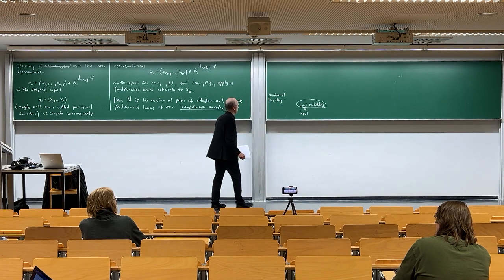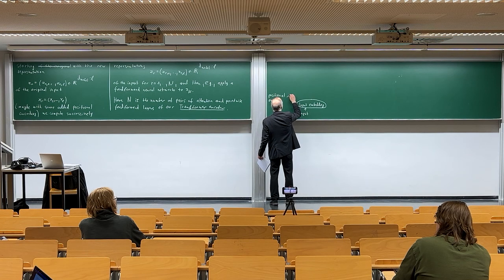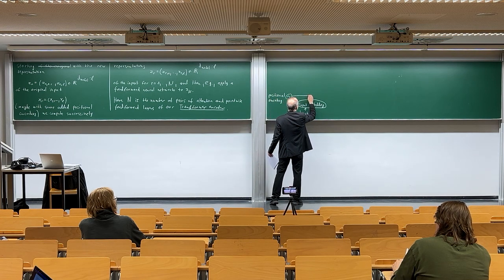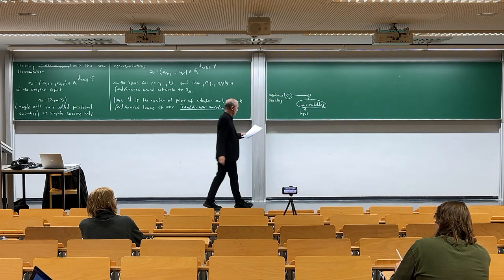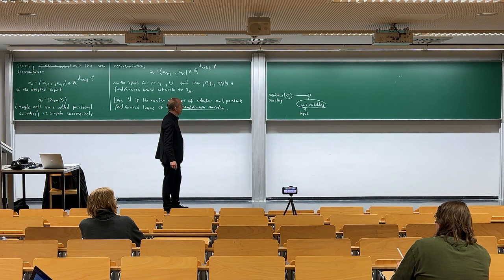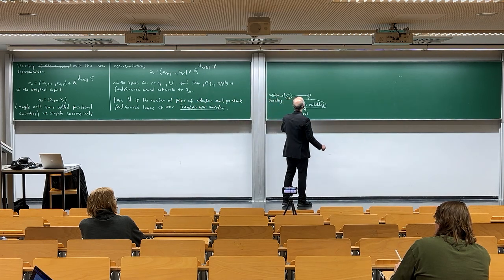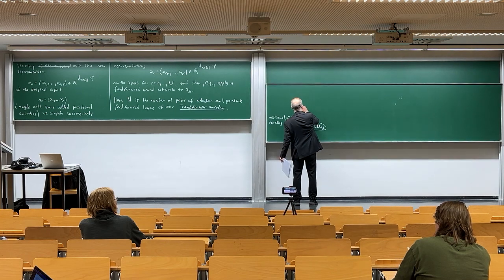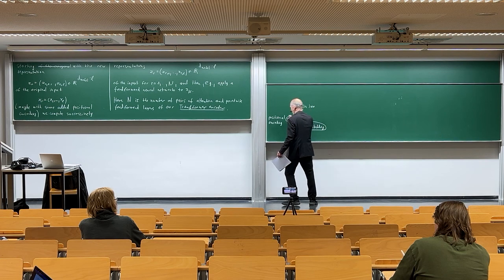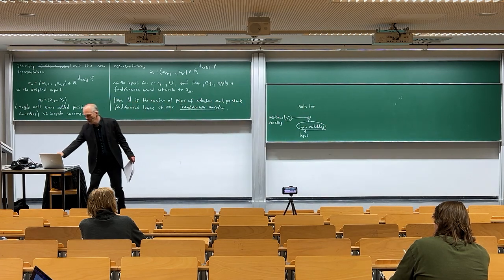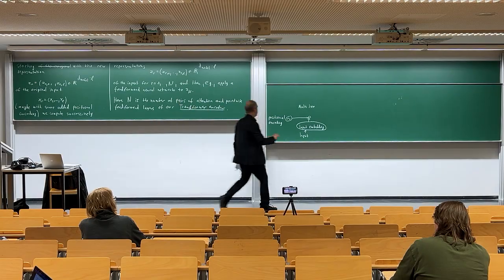This positional encoding is some kind of wave which you add to the whole thing. And then comes your multi-head attention, and also your feed-forward neural network.